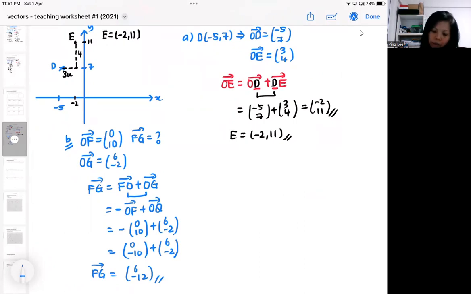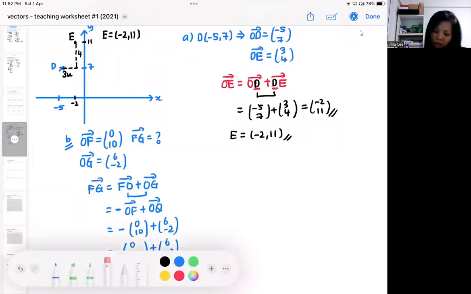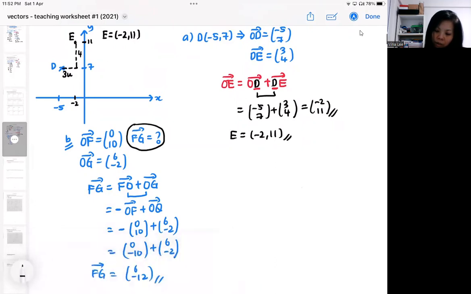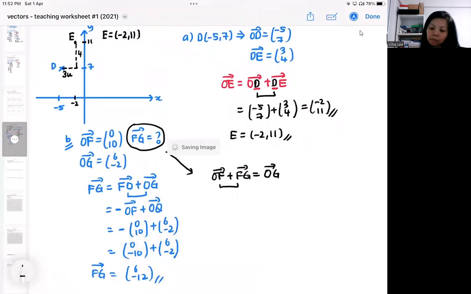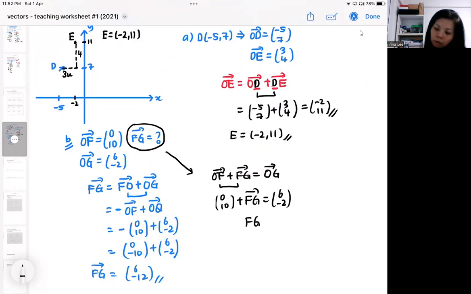Okay, so actually this one, some students may do it another way. If they can see it, they will do it this way. For example, some students will be like, oh, OF plus FG, because these two are the same already, it will actually give you OG. So some people can think of it this way, and they still get the same answer if there's no sign error.